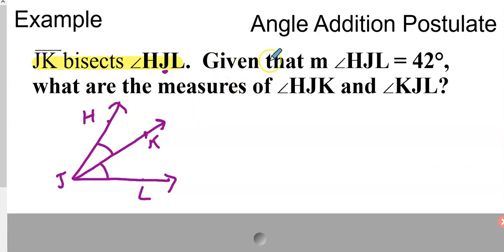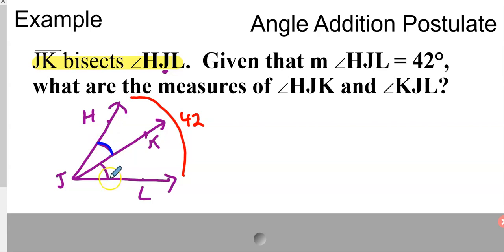So if we keep reading, it says, given that angle HJL is 42 degrees, so here's HJL. So this whole angle, that's sometimes hard to mark. So what I like to do is kind of just put a line out here, meaning the whole angle HJL is 42 degrees.